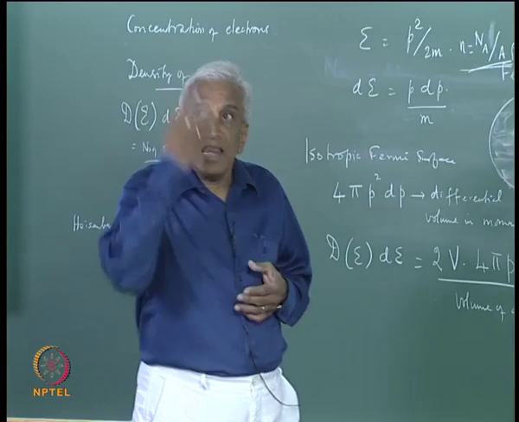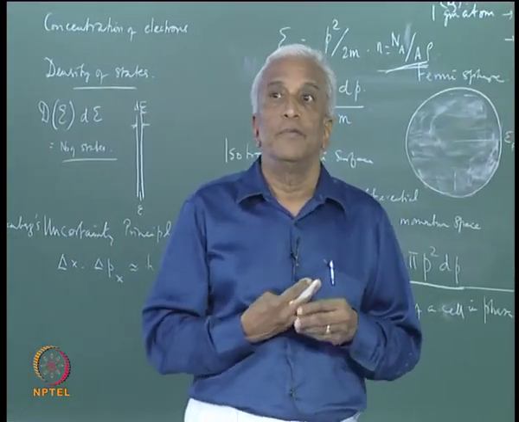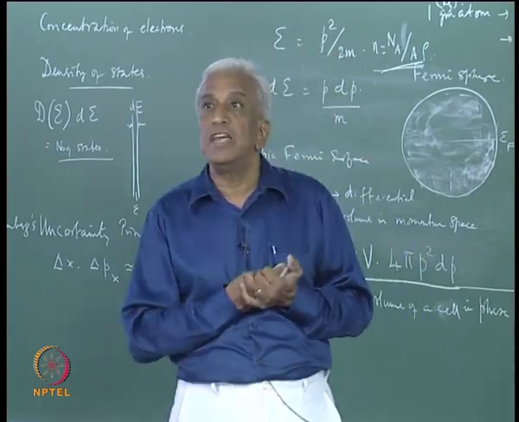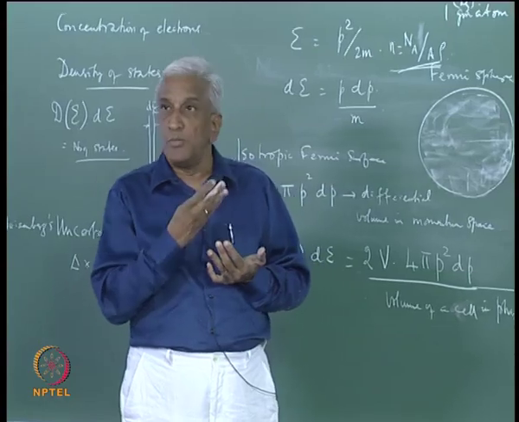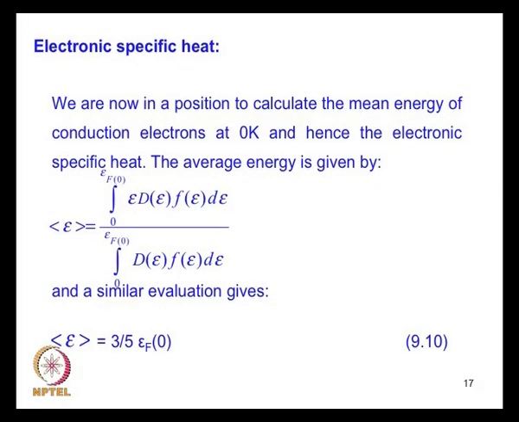Now, for the various metals, aluminum, copper, gold, potassium, silver, sodium, you can see that the Fermi energy varies from something like 11.6 electron volts to 3.2 electron volts. In any case, they are all of the order of electron volts.